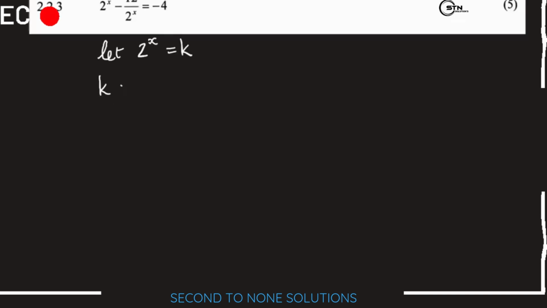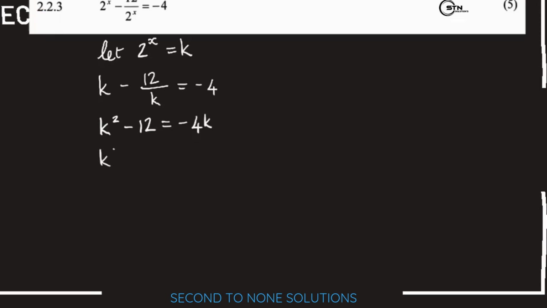So I've got (k minus 12) over k is equal to negative 4. I want to get rid of k in the denominator, which means I'm going to multiply everything by k across, and I'm going to get k squared minus 12 is equal to minus 4k, and we can see that we're going to have a trinomial that needs to factorize, so we rearrange it so that we can do that.